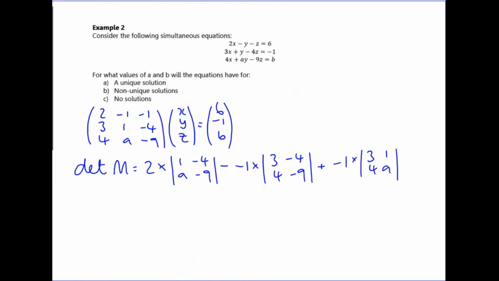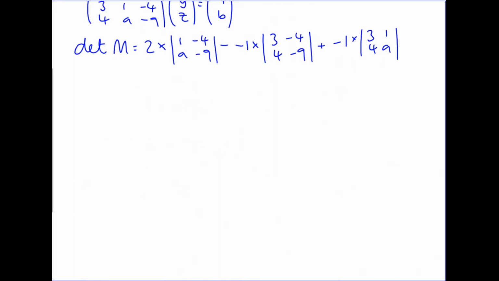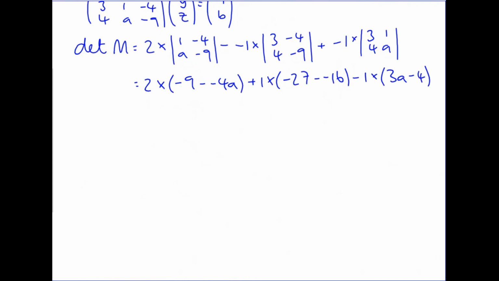Work this out, we'll get a determinant in terms of A. 2 times minus 9 minus minus 4A. 1 times minus 27 minus minus 16. Minus 1 times 3A minus 4. Balance out: minus 18 plus 8A.